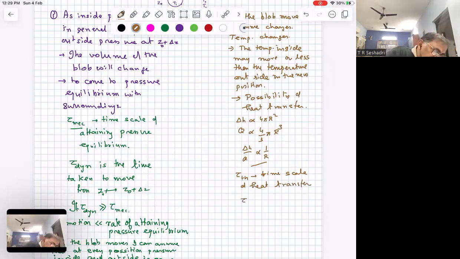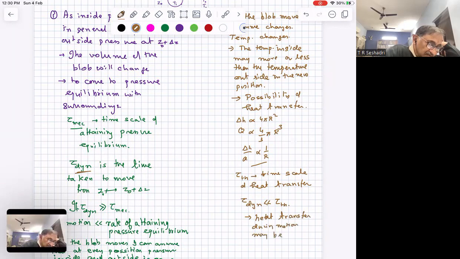Then if my dynamical time scale, the time scale over which it moves up, is much less than tau thermal, this will imply that heat transfer during motion may be neglected.